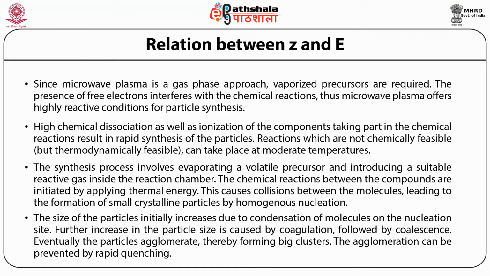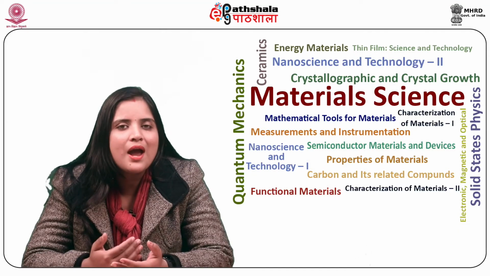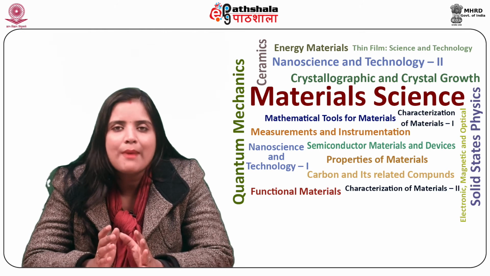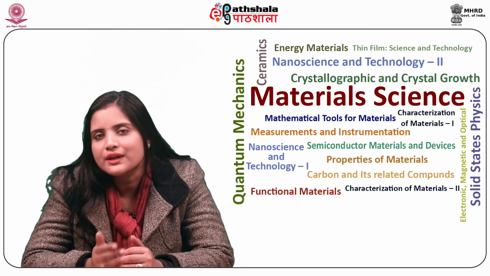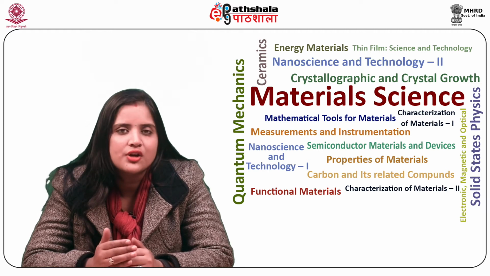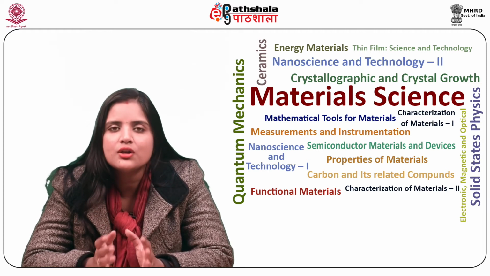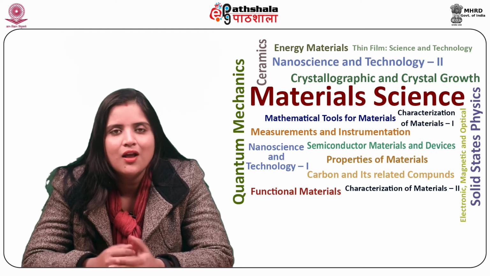Eventually, the particles agglomerate, thereby forming big clusters. The agglomeration can be prevented by rapid quenching. In microwave plasma, particle formation is enhanced by ionization, particle charging, and dissociation of the compounds.